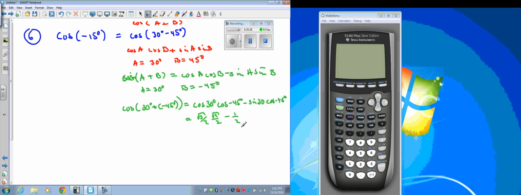Did I put that up? This should be sine, right? It's sine 30, sine 45. I didn't pay attention. So now sine of minus 45 is going to be a negative square root of 2 over 2.